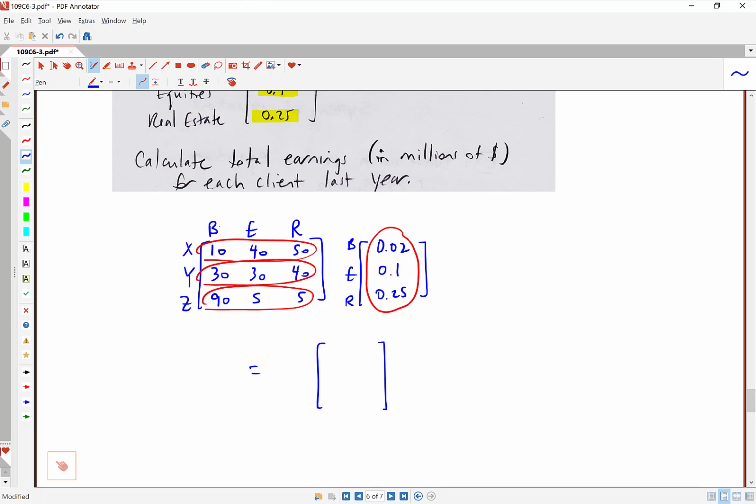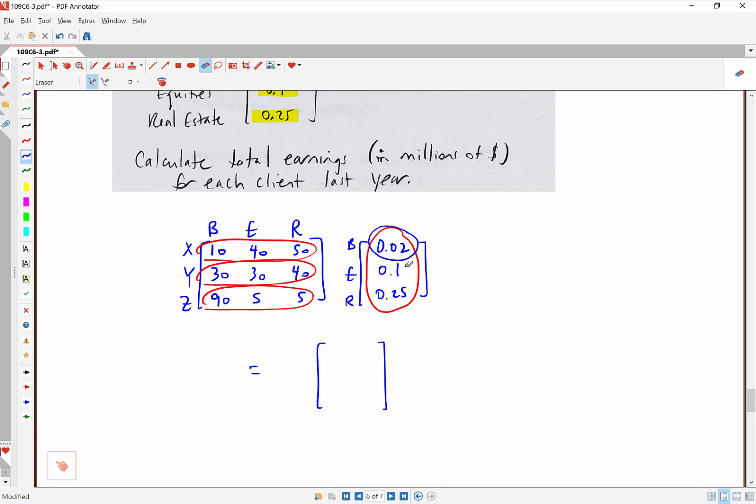So in order for this matrix multiplication to be meaningful, we have to have set it up so that B is going to multiply with B, E is going to multiply with E, R is going to multiply with R. In other words, you should be taking your assets in bonds and multiplying them by the return on bonds. So it's important that those categories match up.